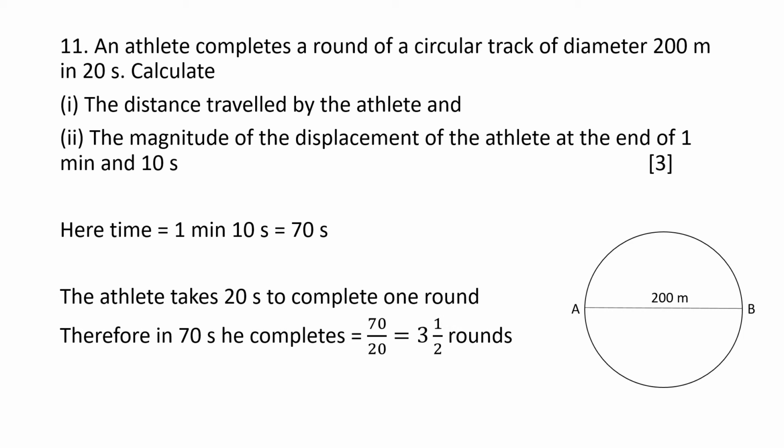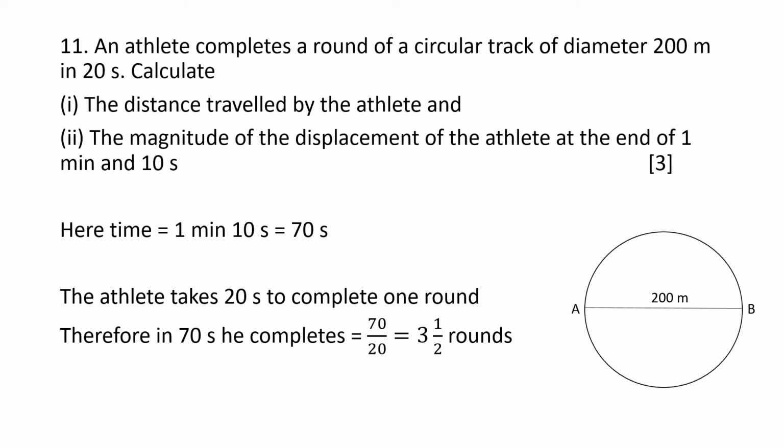But we have to find what? The distance he has traveled and the magnitude of the displacement. Why is it written magnitude of the displacement? Because you are not bothered about the direction right now. You have to only tell the distance he has traveled, and the magnitude of the displacement at the end of 1 minute 10 seconds.